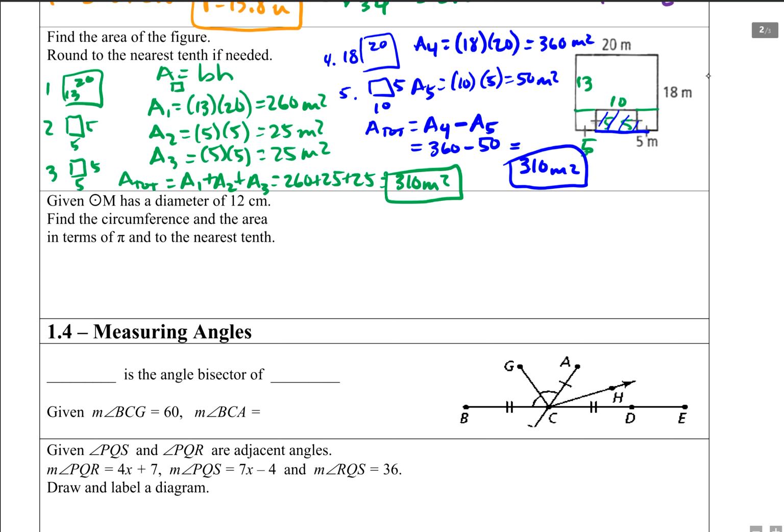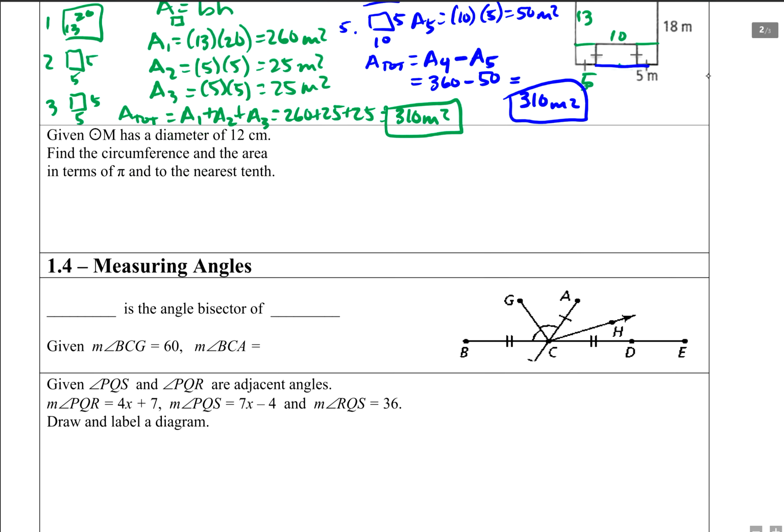So it doesn't matter whether we cut the two little squares off the bottom, or we cut the one rectangle out of the bottom. We're going to get the same answer.